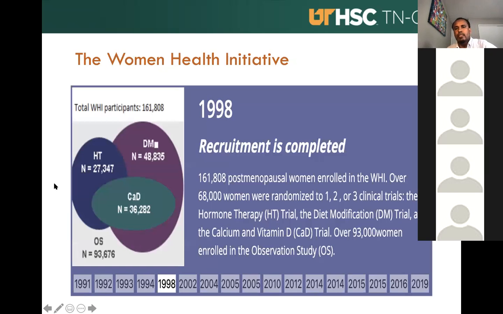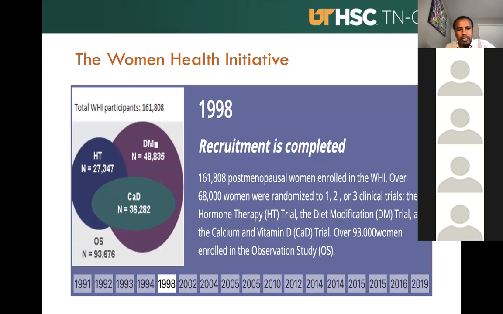The Women's Health Initiative was a national study that was conducted here in the U.S. More than 160,000 postmenopausal women were enrolled in the WHI, and the study started around 1991.